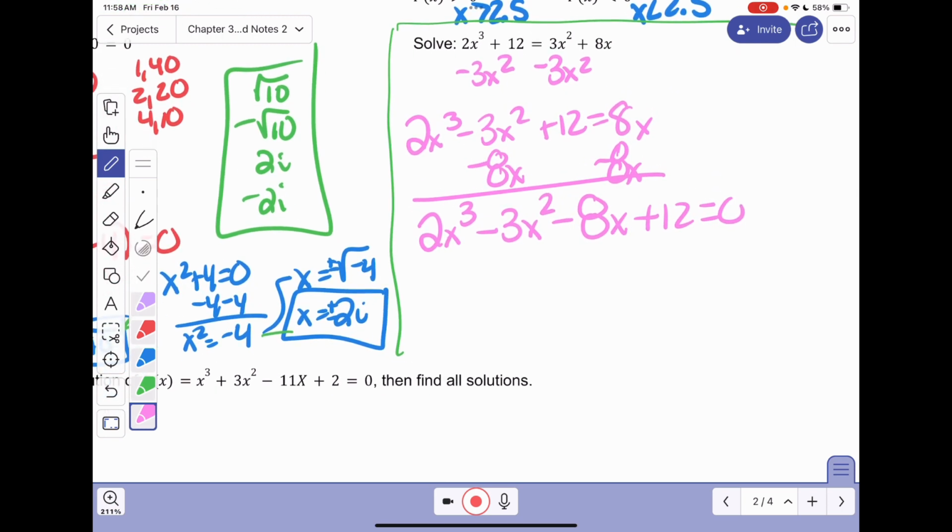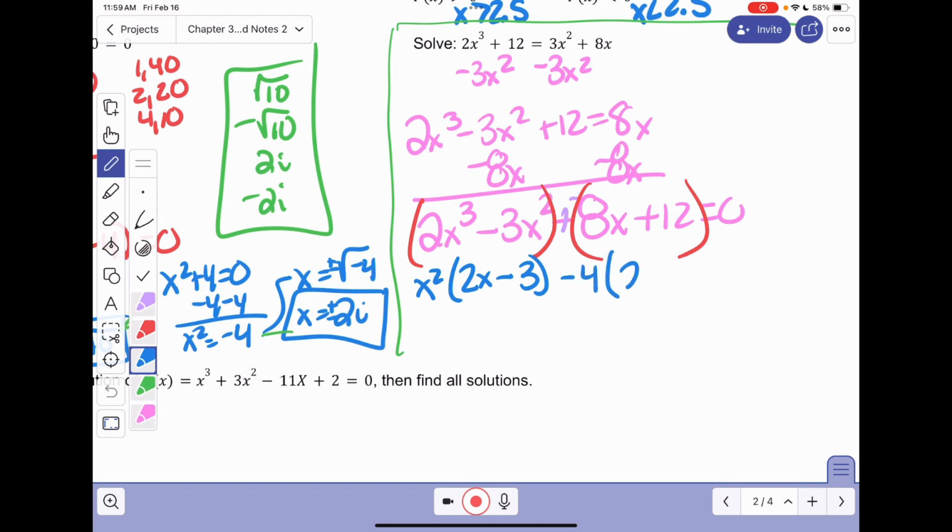I put them in order while I was moving them around. You may not have, so you might still have that step. Now I'm going to make the middle positive. Make our two binomials. Here I can take out x squared, and I get 2x minus 3. Here I can take out negative 4, and I get 2x minus 3, which brings down x squared minus 4, 2x minus 3.